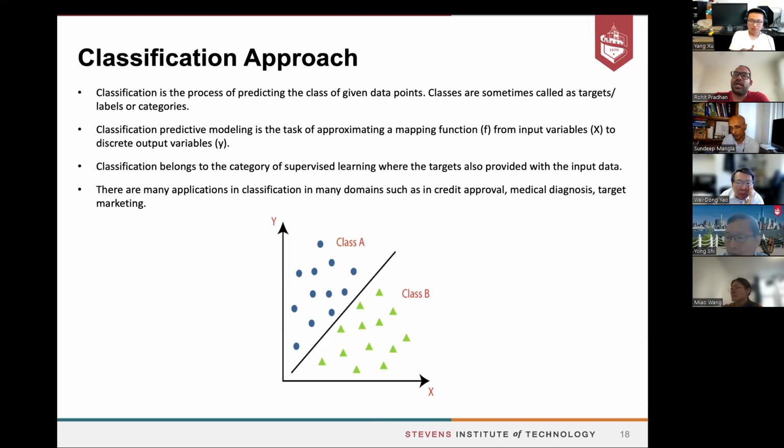And again, it goes into clustering, where we find the similarity between the data, and then it will classify or cluster the similar data points into one class.